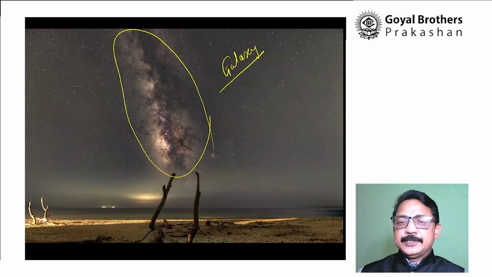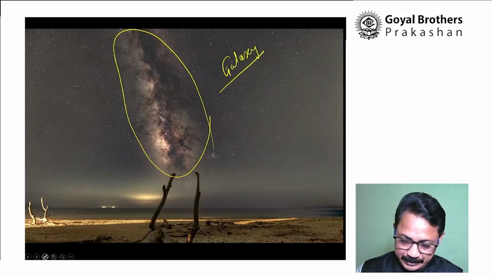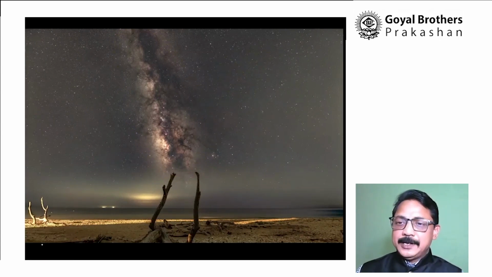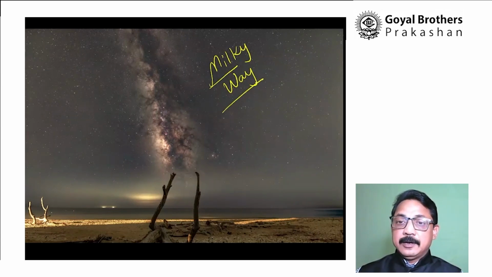What is a galaxy, dear student? A galaxy is an absolutely huge cluster of stars where billions of stars are present, and this galaxy that you see here is the Milky Way galaxy. It is an arm of the Milky Way galaxy in which our Earth is present.